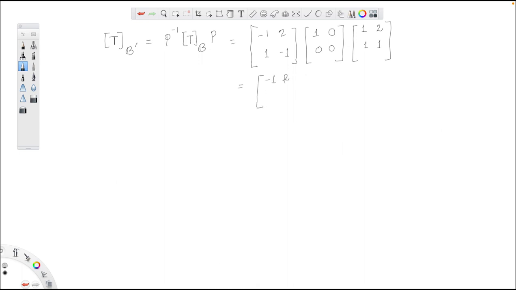This is minus 1 2 1 minus 1, and when I do this matrix multiplication, then I end up with 1 here, 2 here, 0 here, 0 here, and finally one has minus 1 here, minus 2 here, 1 here, and 2 here. Okay.